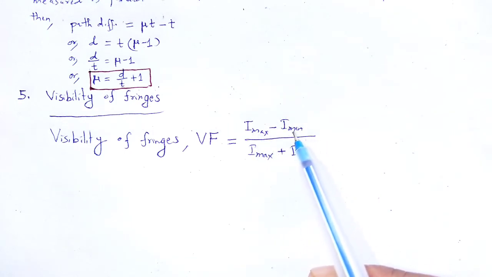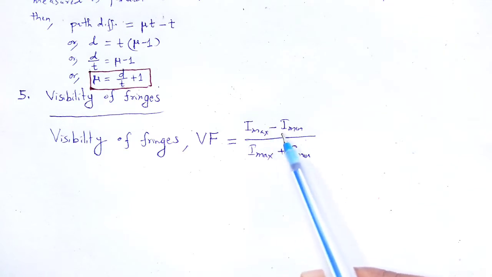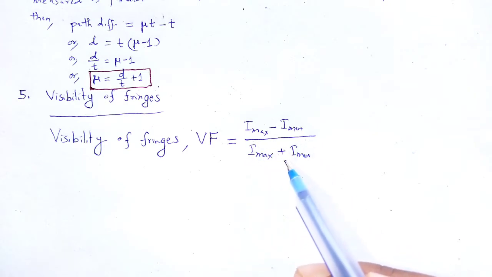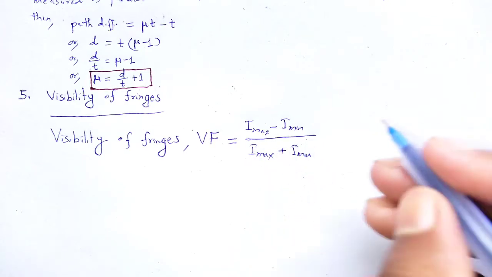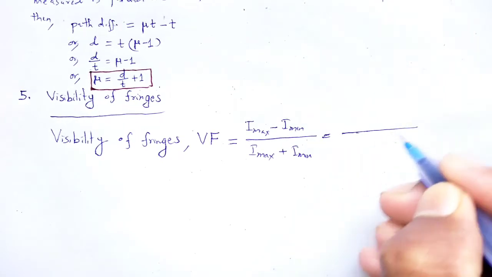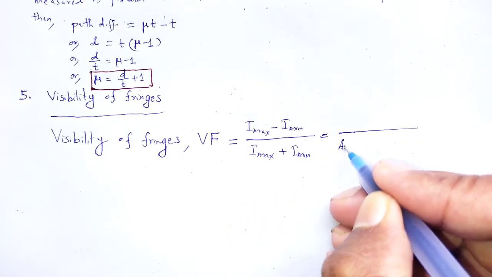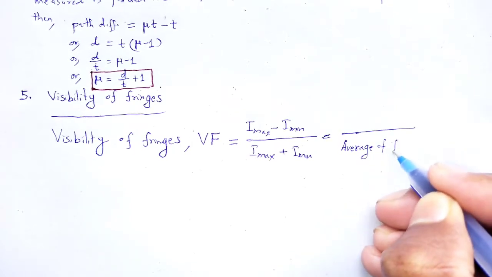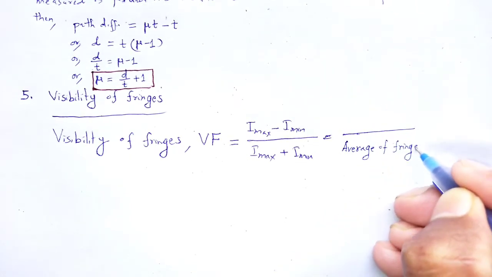I max plus I min, that is the sum of intensities of the two interfering beams, is known as the average of fringe oscillation.